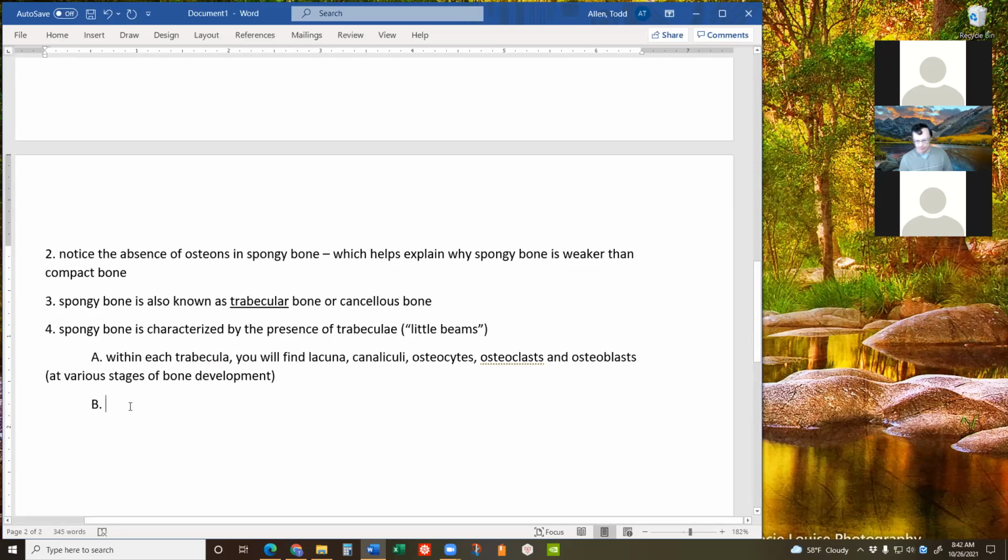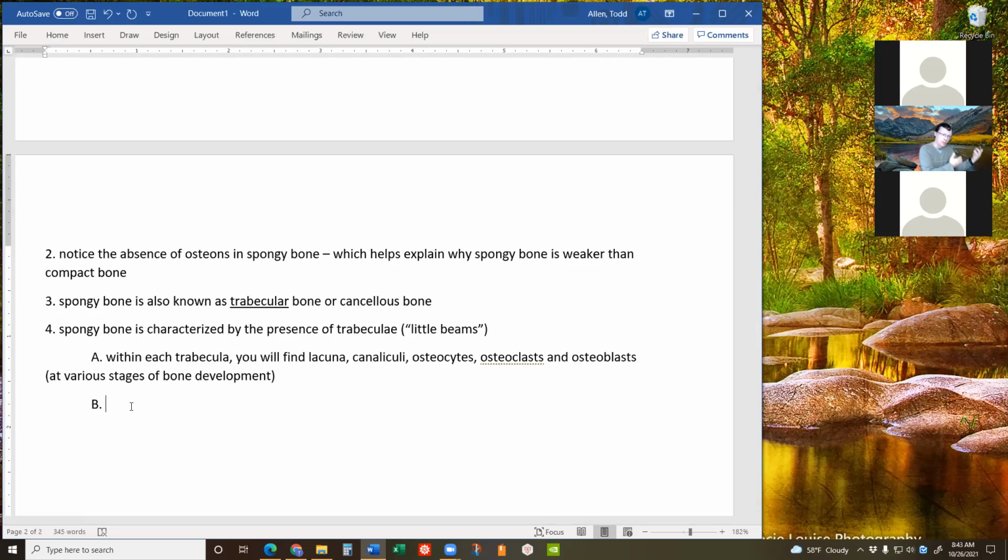I want you to appreciate that as you look at the spongy bone along the left side of panel A of figure 6.3, what you'll notice is in between the trabeculae is a lot of open space. It's hollow, empty, open, kind of airy in a sense. It's not literally air, but it's an open space. You don't find other materials present per se.